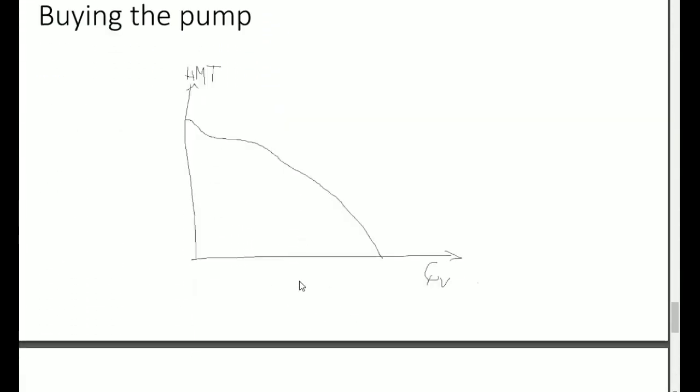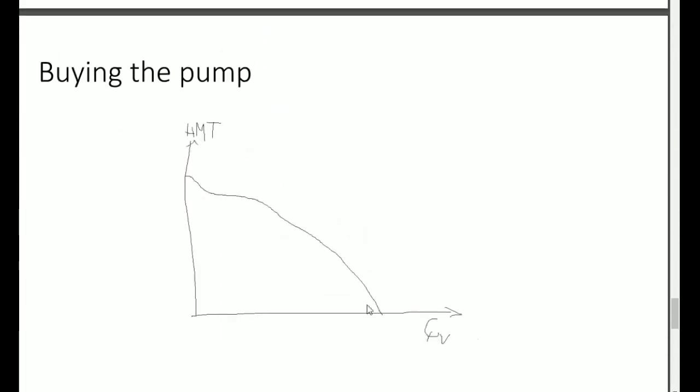So pump markets usually send you this sort of diagram in which you have HMT, so it's homogeneous to height, and so it represents energy, but the part that goes into pressure more than anything, and QV represents the flow.